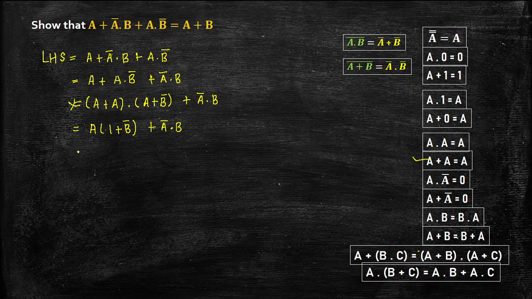Here, a times 1 plus b complement. You know that whenever 1 is added to any term, you are going to get 1 as the output only. So what are you going to get? Let me check first of all.